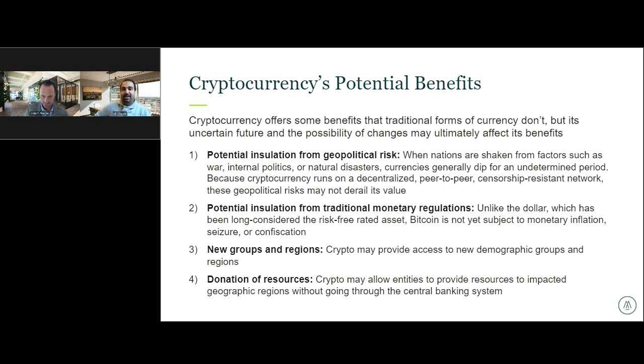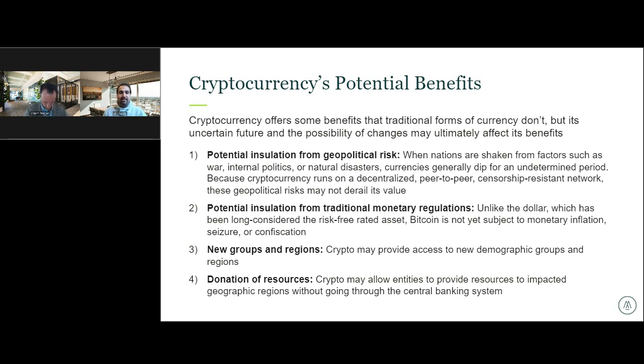So basically, if there is a natural disaster somewhere, all a recipient needs is a cell phone or a laptop and an internet connection in order to receive crypto assets. So it allows not-for-profit organizations to reach individuals in areas of the world that have been hit by natural disaster and provide them with funding or financial assets.